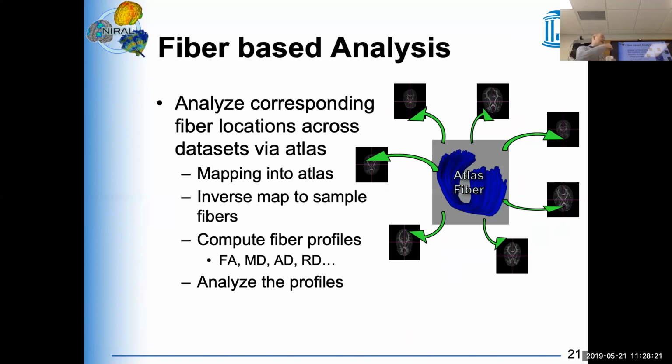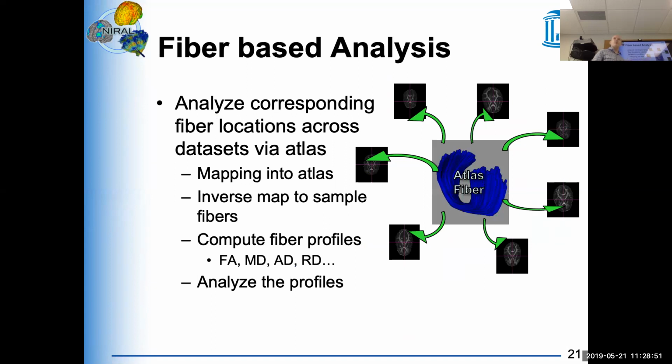What we're doing here is, because taking a tensor data set and mapping into atlas space, we have to have a whole number of assumptions when we reinterpolate the data in atlas space. We'd rather not make those assumptions. So what we're actually doing is going inversely from the atlas space back to the original data. We have the deformation field. We just use the inverse of that deformation field and look up the tensor in the original data set.